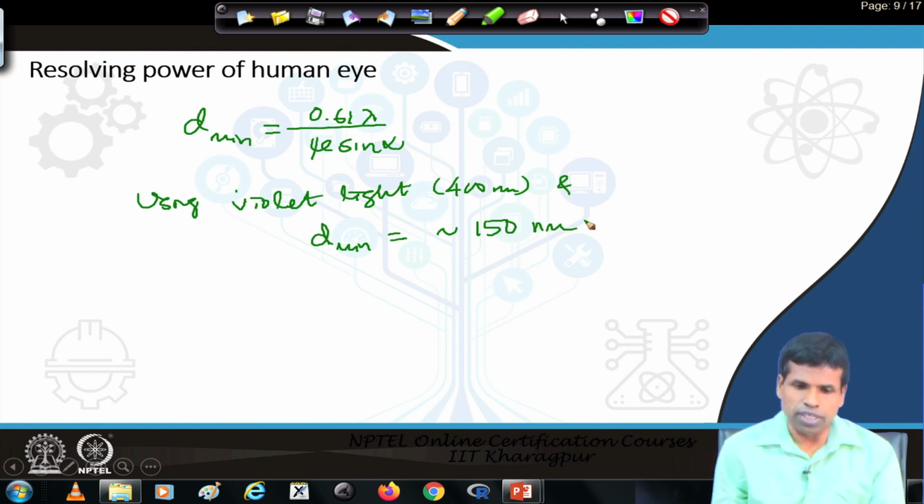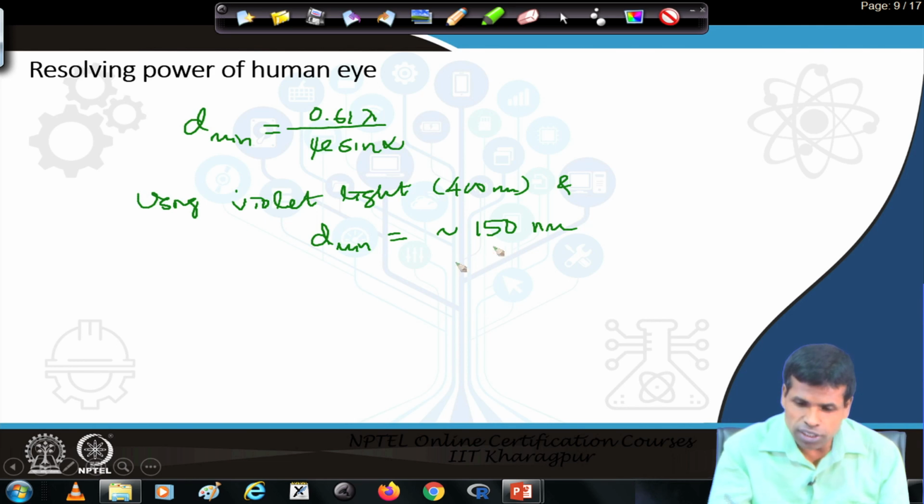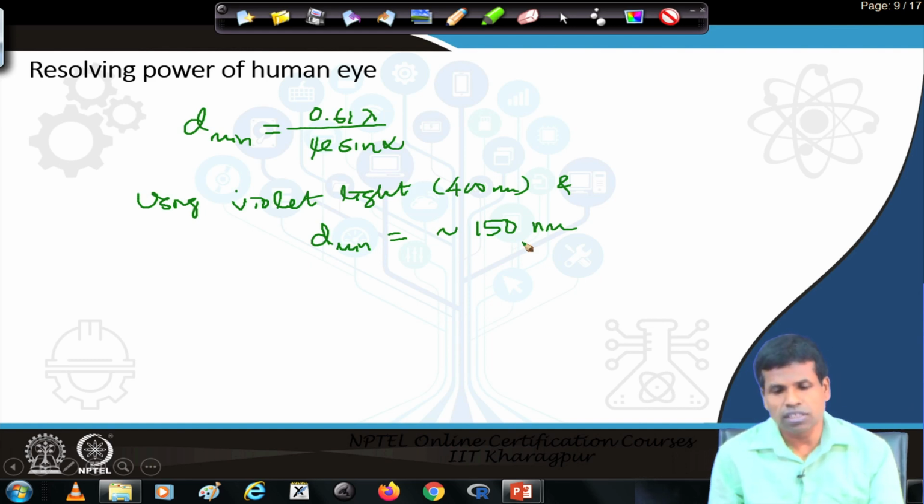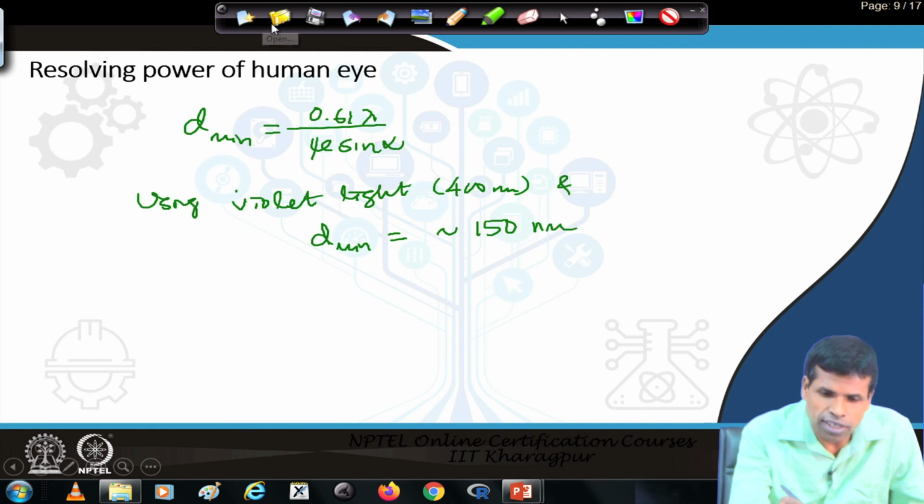This can be done using an optical microscope. However, we cannot see any object smaller than this size using visible light. So, for that we need electromagnetic radiation or particles which travel at a much faster rate with a smaller wavelength. Let us talk a little more about the resolution.